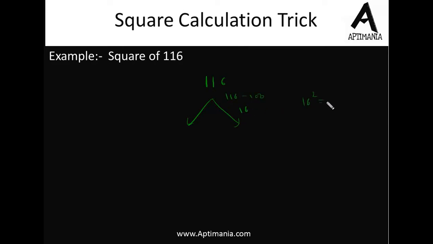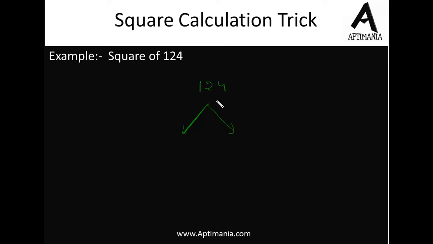Square of 16 is nothing but 256. We'll keep 2 digits only. This digit we will carry forward. Right? Now 116 plus 16 will make it 132. 132 plus 2. Right? We need to add this 2 as well. So the answer should be 13456.